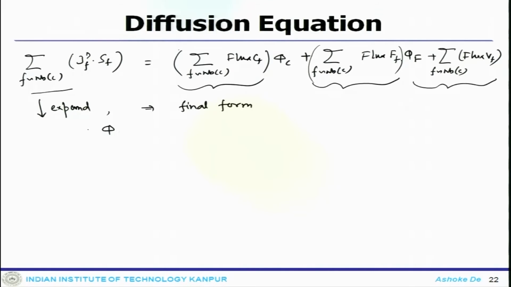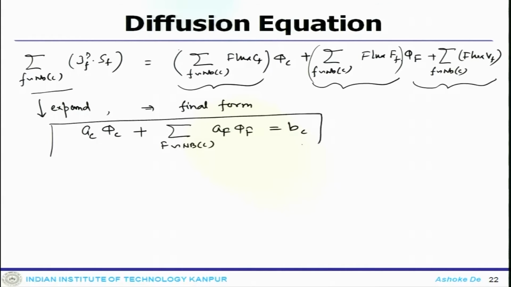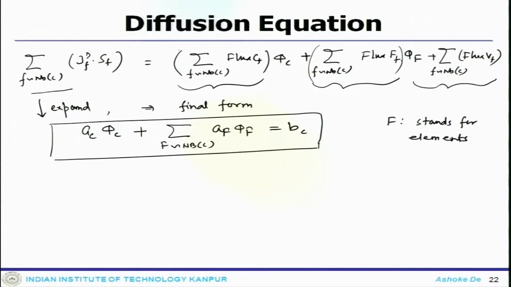Once you expand these things, the final form of my discretized equation would be phi c a c plus summation f going over n b c a f phi a b c. Again here f stands for elements, or rather neighboring elements.